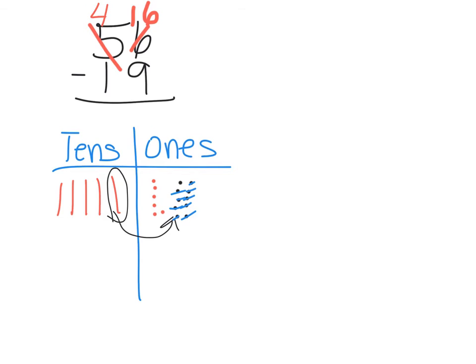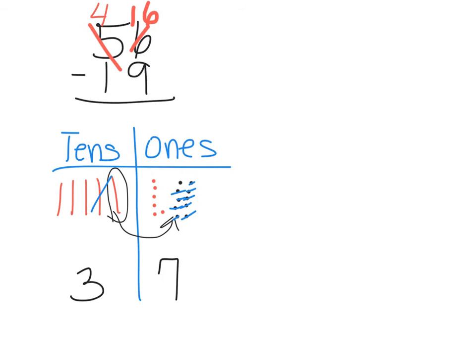Now, let's take away the tens, which is 1 ten. Remember, this is moved over. So we need to take away the next one. So, looking at our quick picture, what are we left with? We're left with 3 tens, 7 ones.